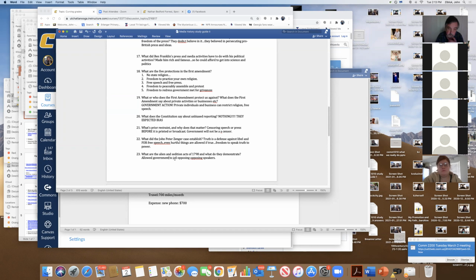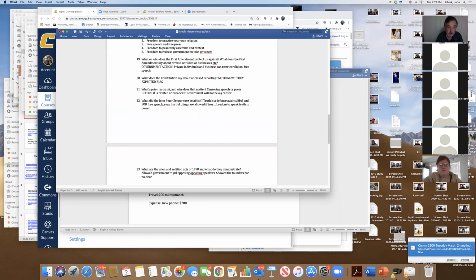Government showed the founders had no clear intentions or ideas of free speech. It was a concept, and the concept evolves.